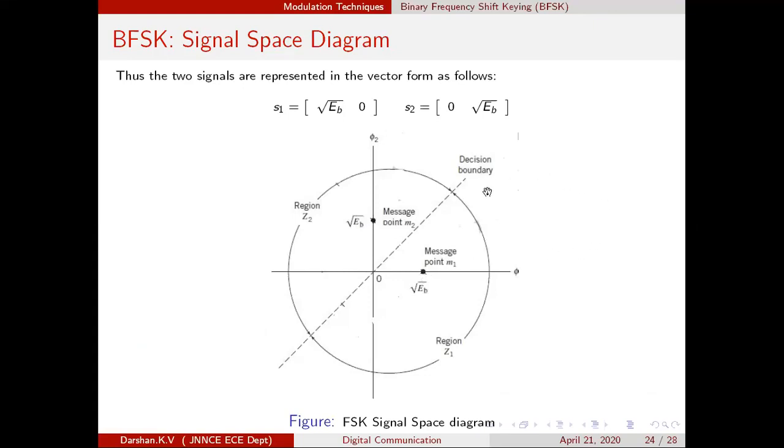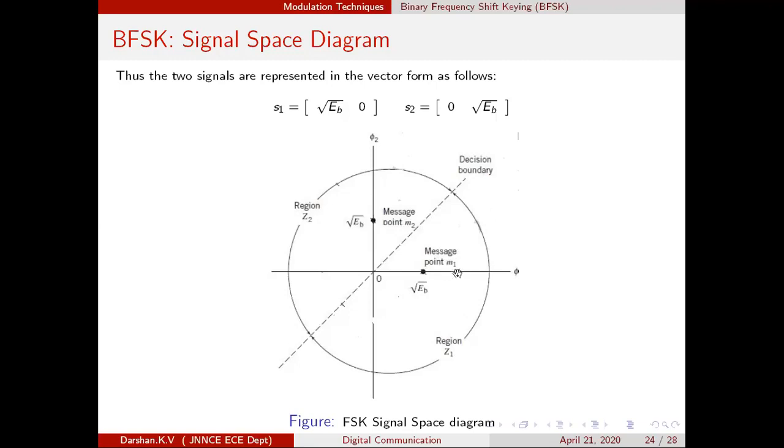You will have a received signal, and that received signal is converted to a vector, which is named x. You plot the vector x in the form of a point. So where does it lie? Either it may lie in Z2 or it may lie in Z1, depending upon the transmission and the noise.